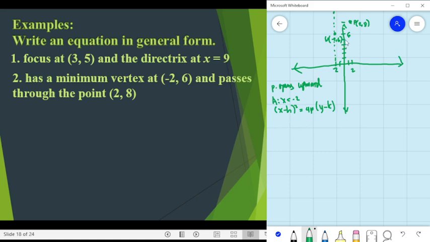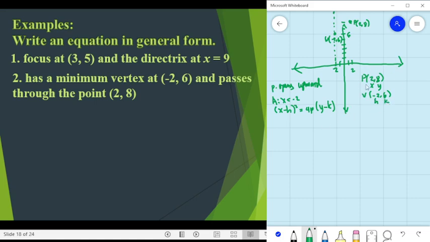The point is 2, 8, so that means your x is 2 and your y is 8. Your vertex is -2, 6, so your h is -2 and your k is 6.